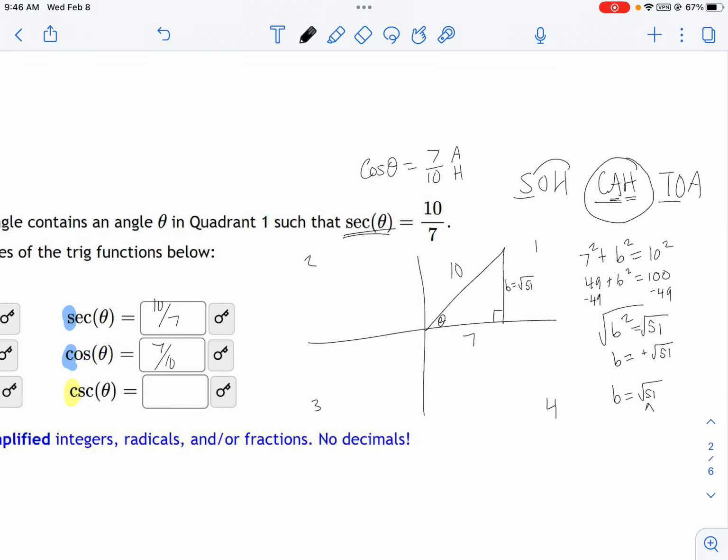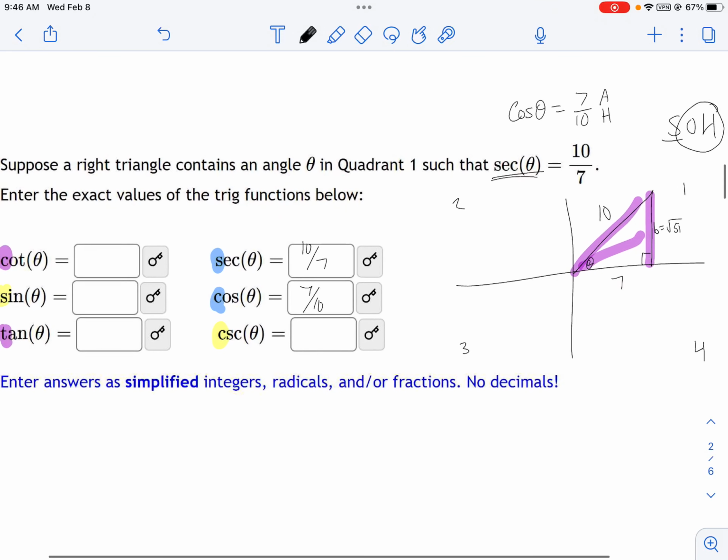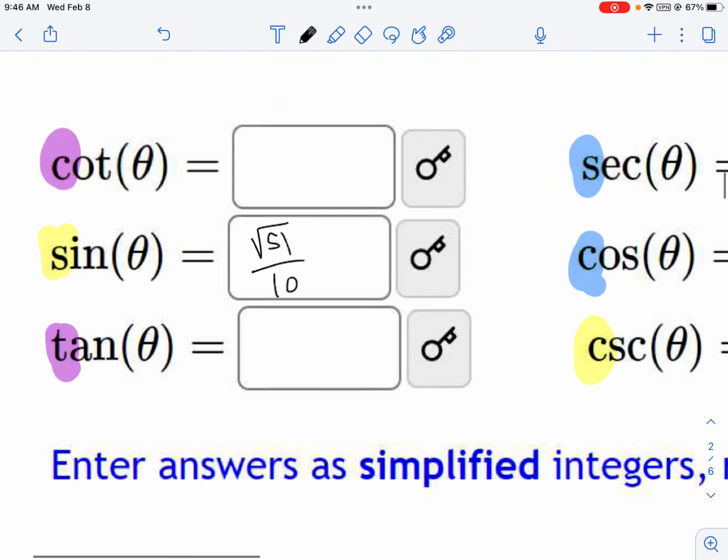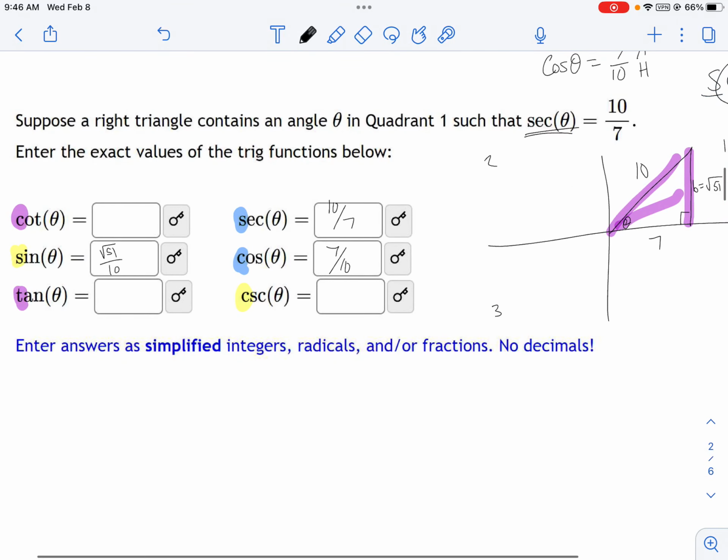We know sine is the opposite side over the hypotenuse, so opposite of theta is root 51 over the hypotenuse. So sine is square root 51 over 10. Now double check. There's a 1 in front of your square root and a 10. That's not going to simplify any further. Then you know its reciprocal is cosecant.